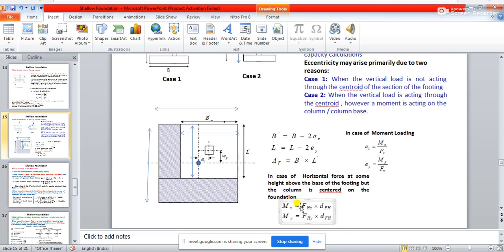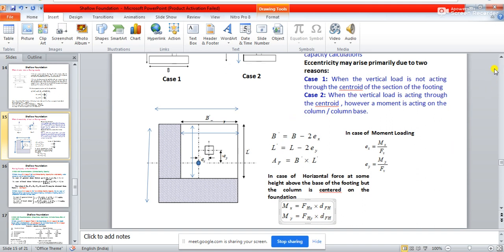This FHX means the horizontal load in the x direction multiplied by DFH, which means the distance of the horizontal load from up to the base of the footing. Exactly, for calculation of the moment in the y direction, it will be the horizontal force acting in the y direction multiplied by DFH.